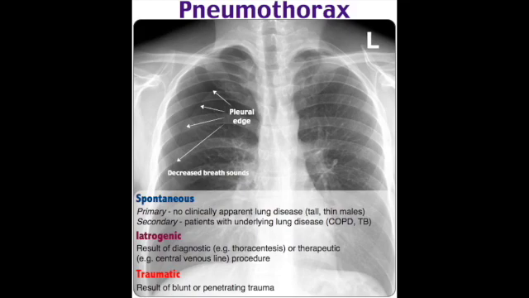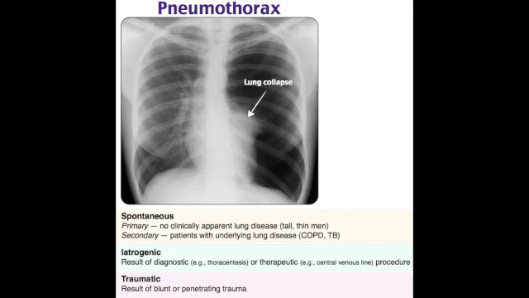And for tension, you want to do immediate needle aspiration followed by a chest tube thoracostomy. For others, thoracostomy may be indicated if there's a persistent leak after the chest tube placement or no regression with the chest tube. And if you have persistent or recurrent pneumothorax, you can do video-assisted thoracoscopic surgery or thoracotomy. That's the VATS procedure.